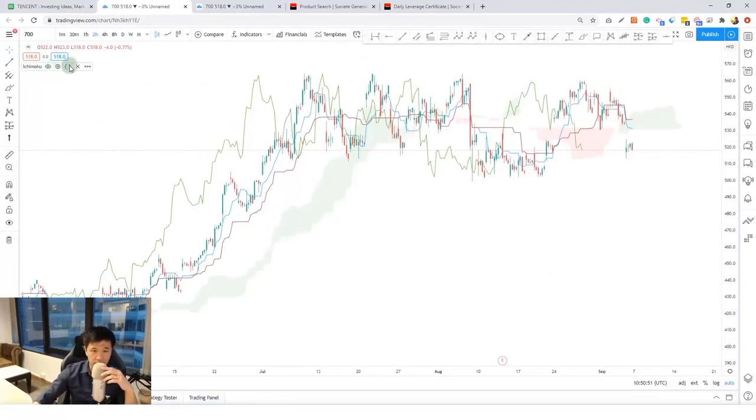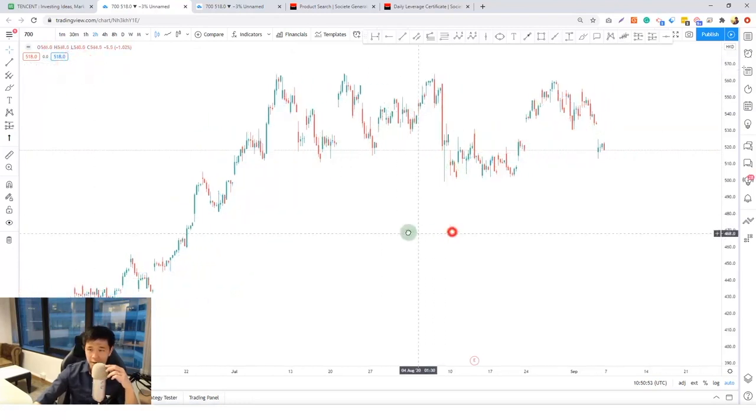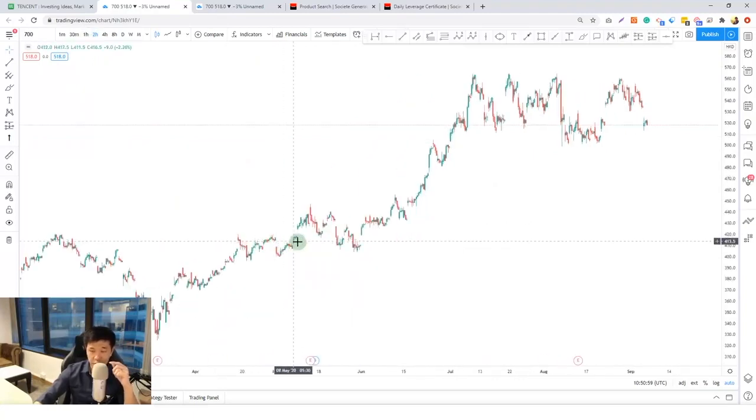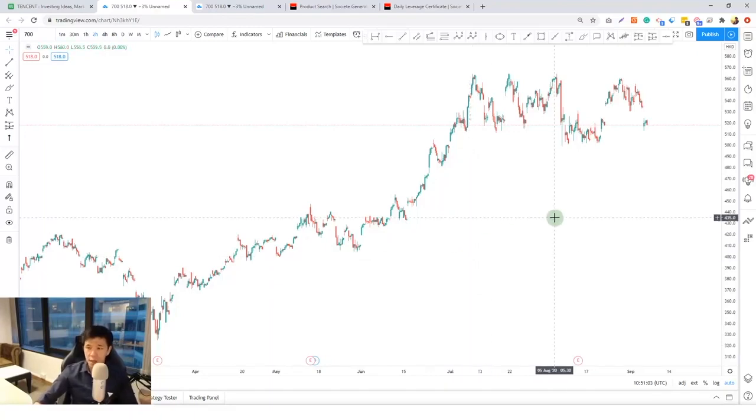If you want to neaten it up a bit, you just remove this, and this is the chart. Notice the price will always be slightly delayed, maybe by about 15 minutes, because it is free data given by TradingView. So do take note of that when you're referencing the intraday charts.